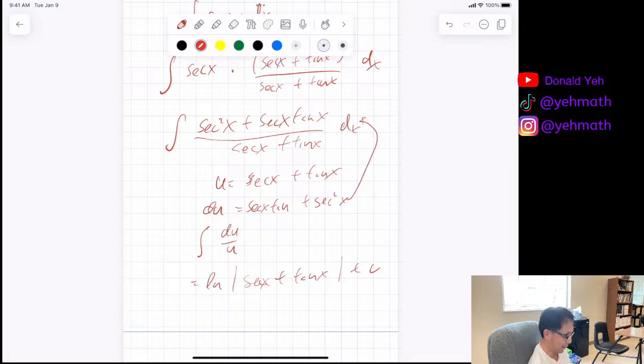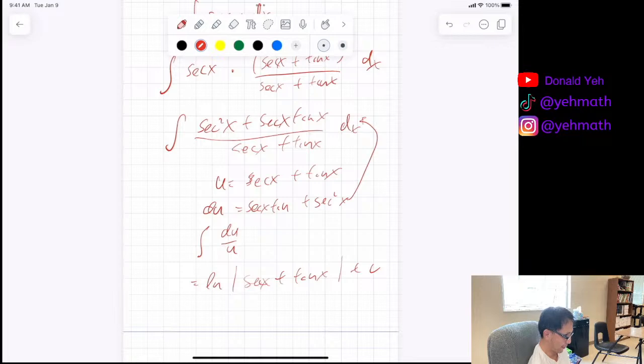Who invented integration of secant of x? Holy shit! It's by a person named James Gregory. I didn't think they would find a person.